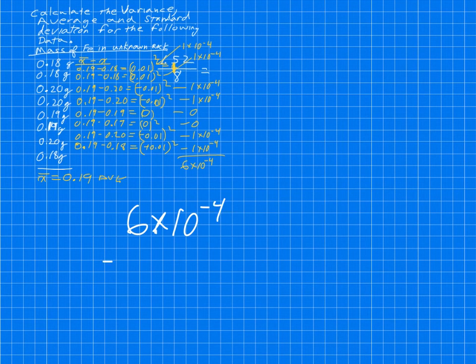In this case, we said we had 8 measurements. So 6 times 10 to the negative fourth divided by 8 gives me 7.5 times 10 to the negative fifth.